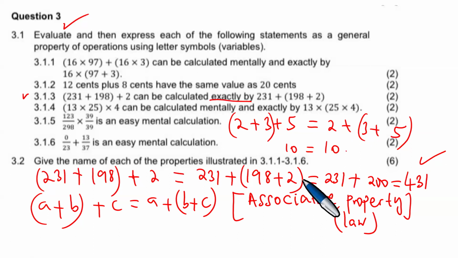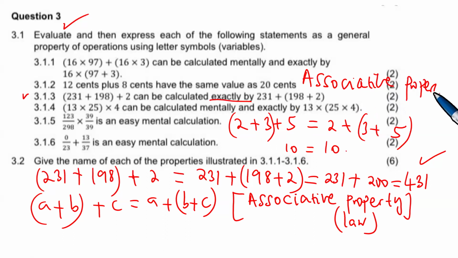Now we agree together that if we are adding this, we're getting 10. But we then perform addition using what we call the associative property.